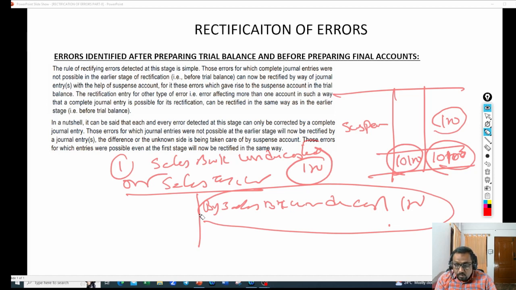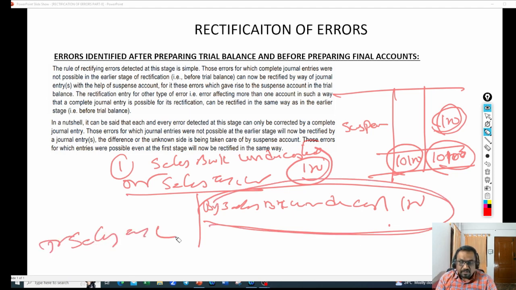But now this 100 rupees difference has already been posted to suspense account and it is lying in suspense account. We need to credit sales account. That is what one-sided entry also says. Which account do I need to debit? This credit was lying in suspense account. That has to be rectified. If this credit has to be rectified in suspense account, that has to be debited.